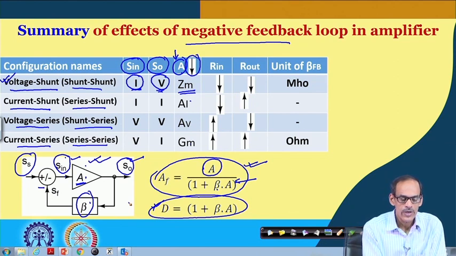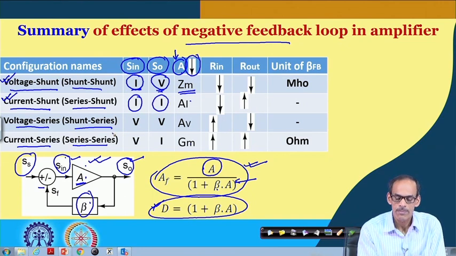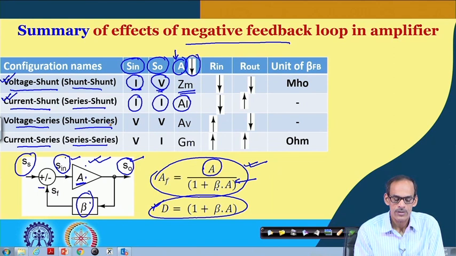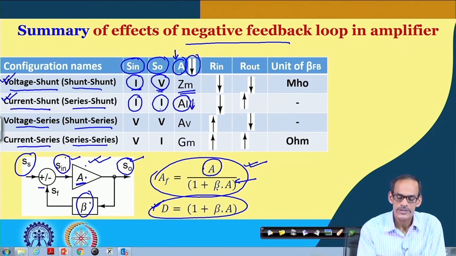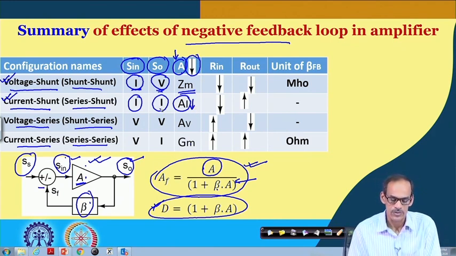If I consider this configuration, the input is current, the output is also current, and A is the current gain, and with the proper feedback connection we expect this current gain to get reduced.